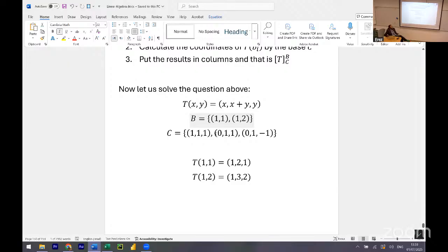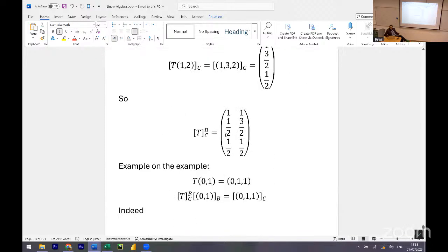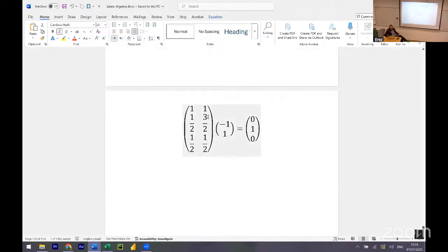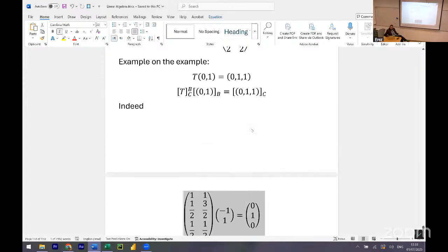If you wish to create (0, 1, 1), simply multiply this vector by 1 and the others by 0. That's exactly what we got here. So it makes sense. And finally, you can do the multiplication. (1, 1) times (-1, 1). That's 0. Half, a minus half plus 3 over 2, that's 1. And half, that's 0. So the equation holds. Mathematics lives to see another day. And it was right yet again.